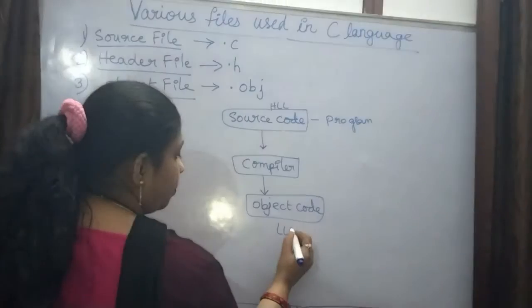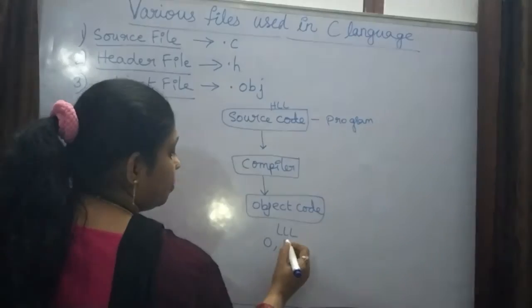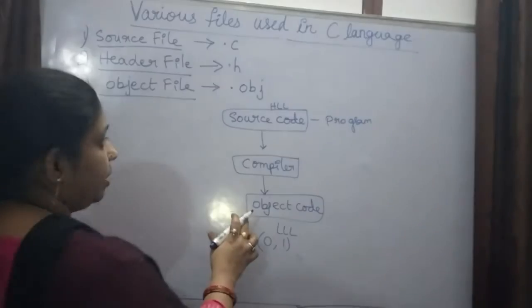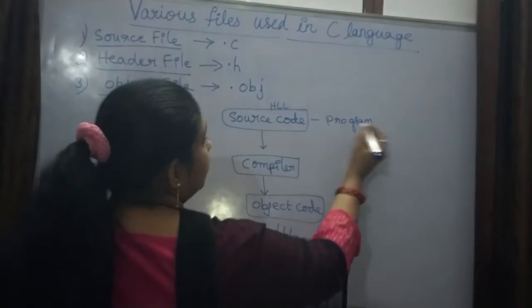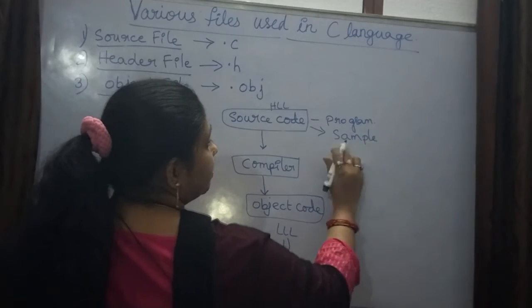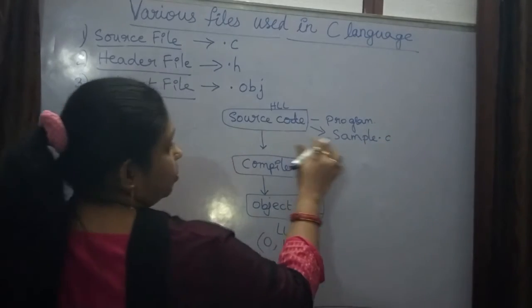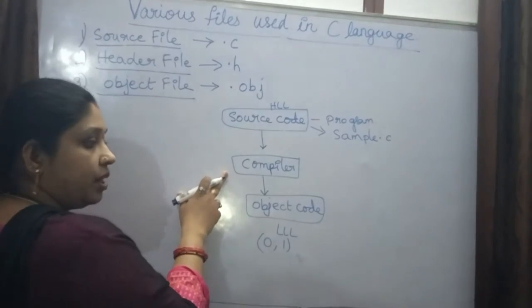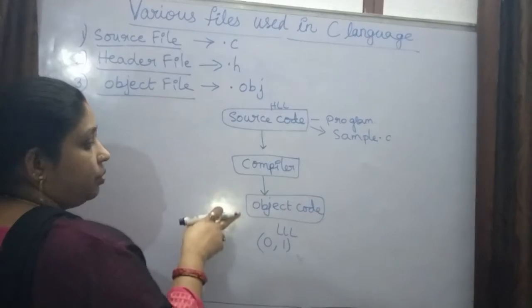Now this is in low level language, which is zeros and ones. Here I am taking as an example a file named sample.c, which is the source file. This source file is given to the compiler to convert into the object code.